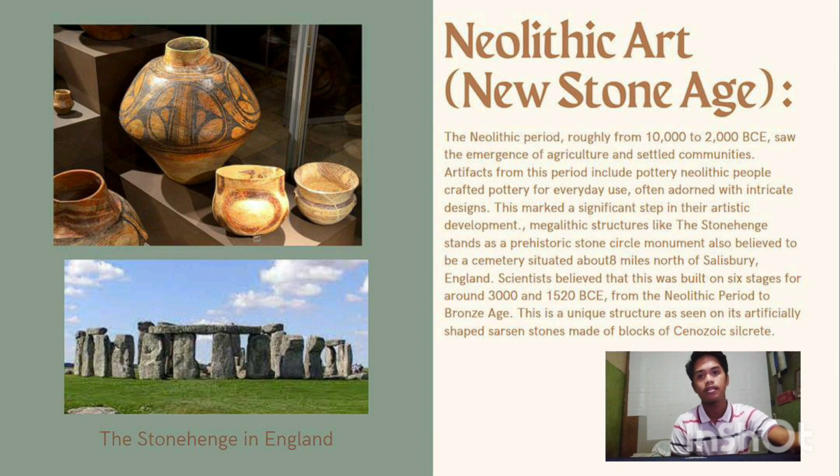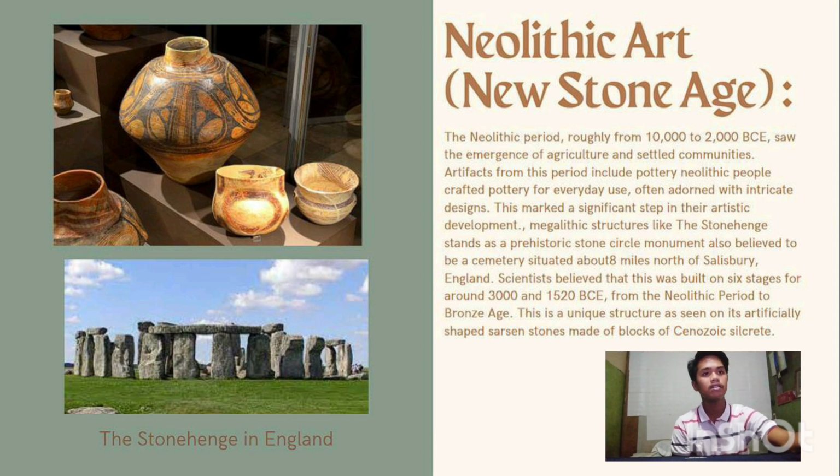The next photo is of the megalithic structures, like Stonehenge, which stands as a prehistoric stone circle monument, also believed to be a cemetery, situated about 8 miles north of Salisbury, England.